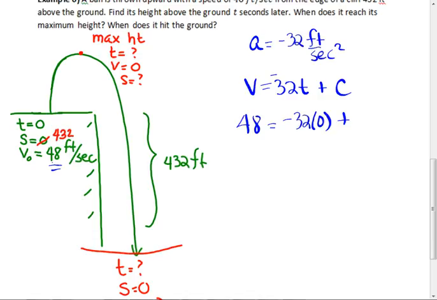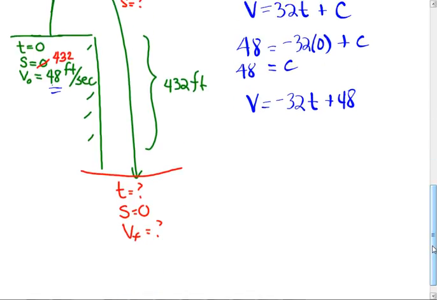But it'll be different. Do the diving problem. So what's c equal to? 48. Just be careful. It's not always the initial velocity. It depends on what your formula is. It is for a falling body. Negative 32t plus 48. Okay. How do I get my position equation?